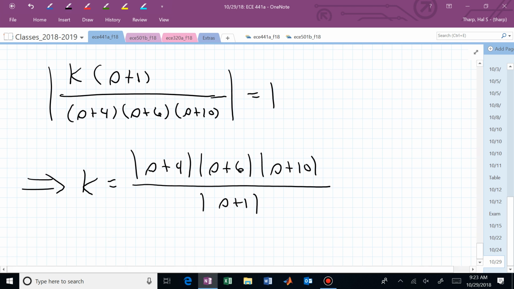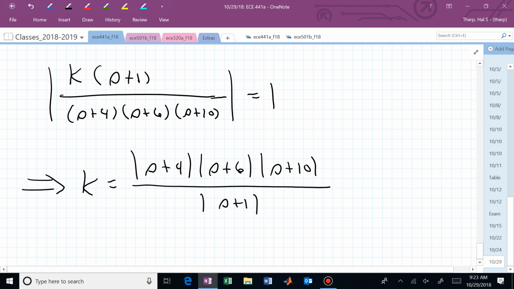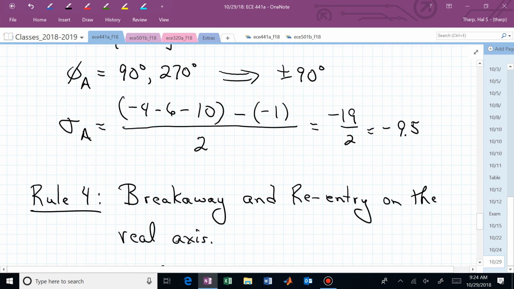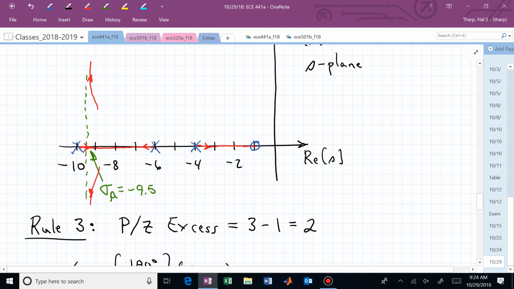Is it clear how I came up with this expression? Here's my function of k, and now I'm looking at particular values of s that cause this to be a relative maximum or a relative minimum. If we're looking for breakaway points, which we are in this particular example, between what values of s are we expecting a breakaway?